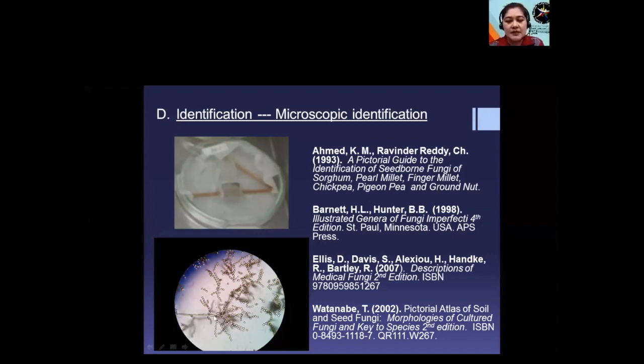Okay? This is Cladosporium. Now, how do you identify this? I have given you here 4 different books that you could download freely from the internet. Ito po yung mga same books na ginamit ko para mag-identify po ng aking mga fungal endophytes. Okay?